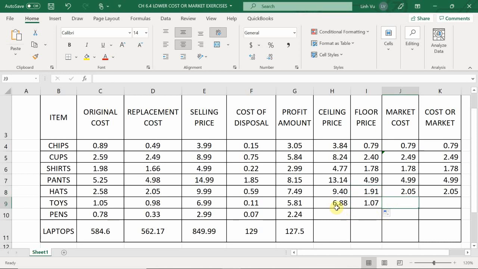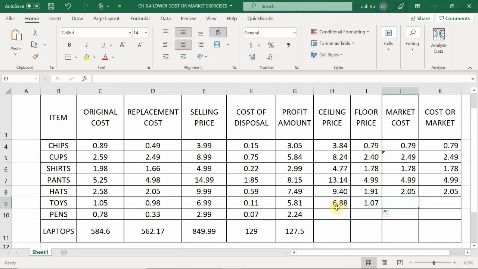Obviously, the highest number is $6.88. So let's compare which one is the lowest. Is it going to be 98 cents or $1.07? So the highest one is the ceiling price.